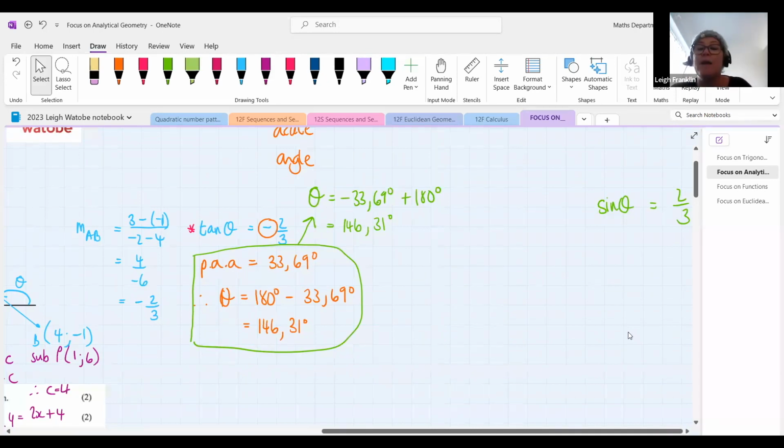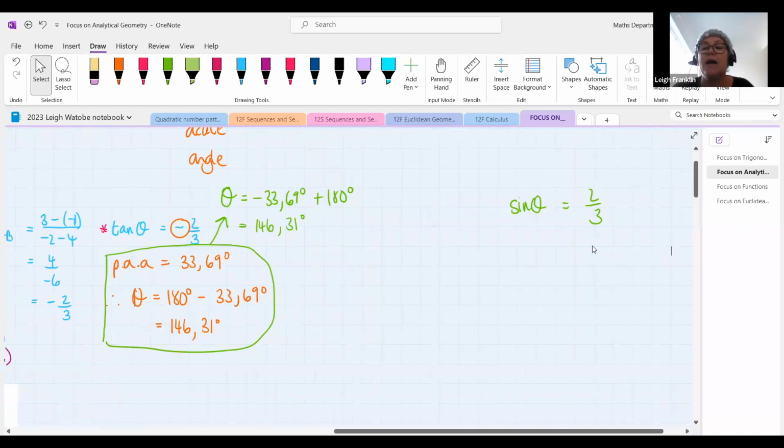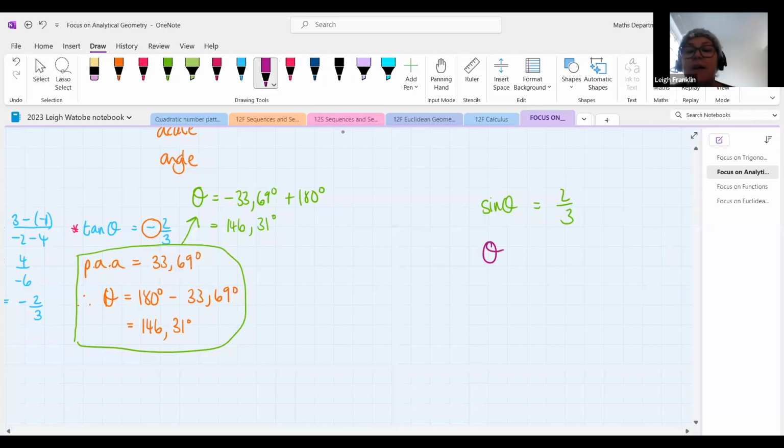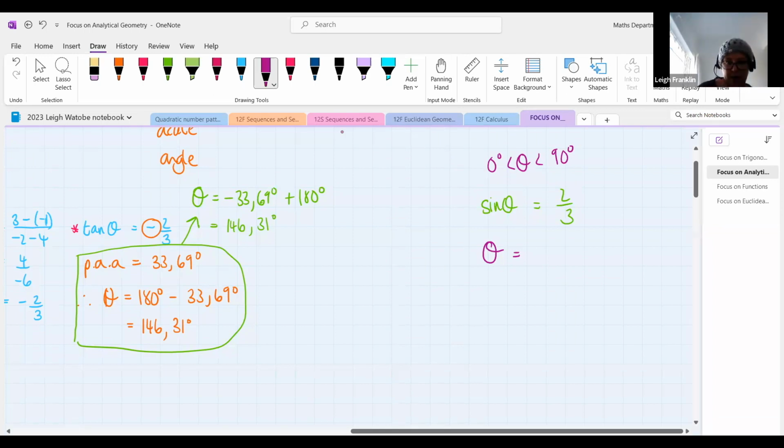If we go back to what we were saying earlier, Caitlin, where we've got sine theta equals 2 over 3. If I want to know the size of theta, and let's say here theta is an angle between 0 and 90 for argument's sake, just to keep things simple, then on your calculator, you're going to go shift sine and put in the 2 over 3, because you need to tell your calculator that it's calculating an angle.